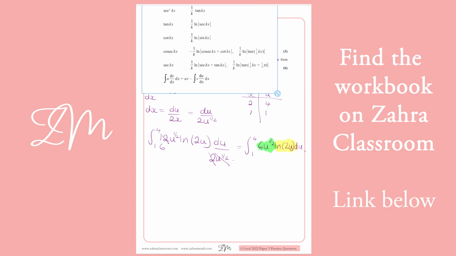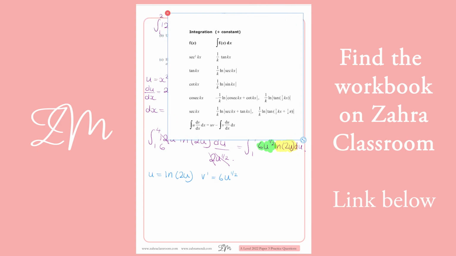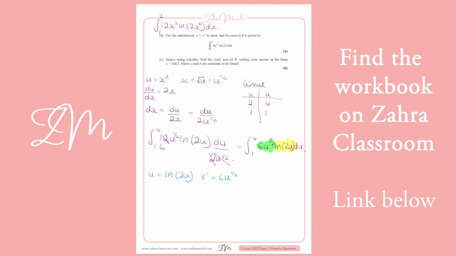So we've got our formula for integration by parts, which is at the bottom and is given to you in your formula book. So we've got u, we're going to let u equal ln 2u. So it always takes priority as u. We don't know how to integrate it directly. And v dash is going to be 6u to the 1/2. Right. So we've got our formula, we know where it is. We're going to use that formula.